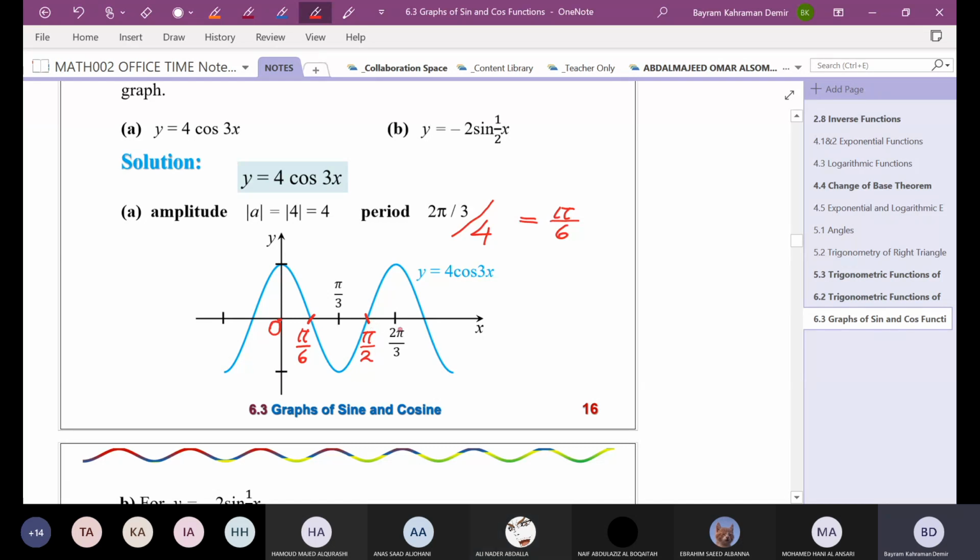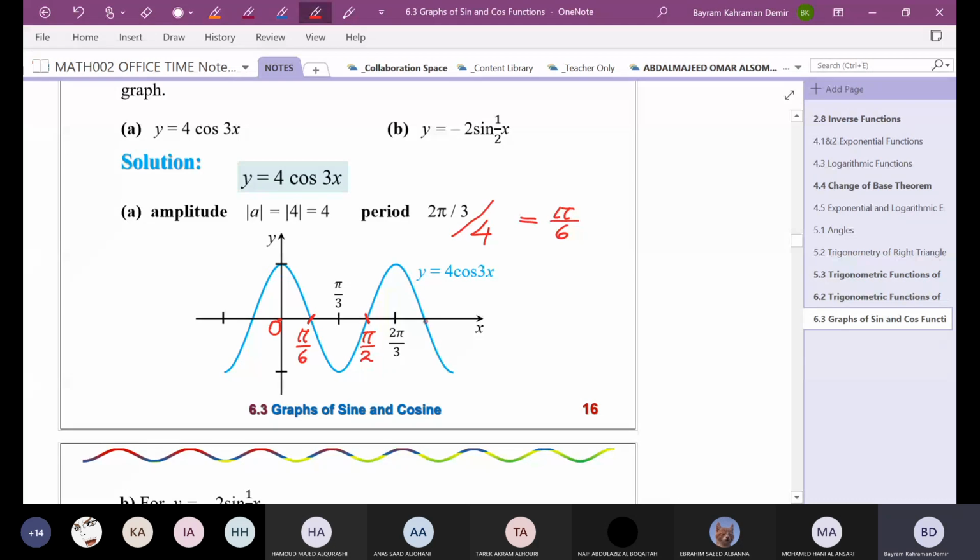And now another pi over 6, it will be 4 pi over 6, that is 2 pi over 3. So we finished the one period, Shabab. Doctor, this is the length of a quarter of a period? Yes, you see? Length of quarter periods, right?